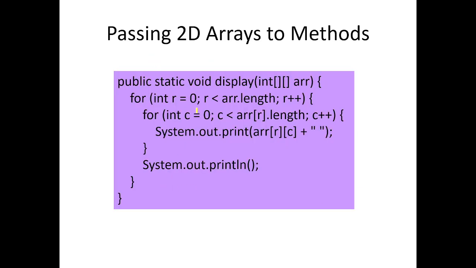Okay, next one, passing two-dimensional arrays to methods. Okay, this is a static void method. There is no return value, and this is your array form. Array names. Here we have the integer data type for this array, but it is a two-dimensional array, right? So this program has the inner loop and the outer loop.